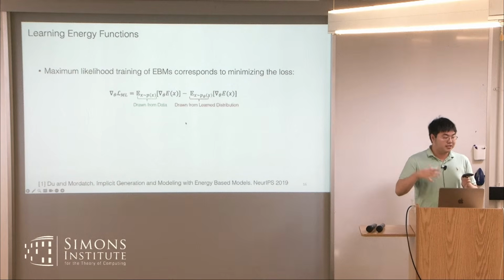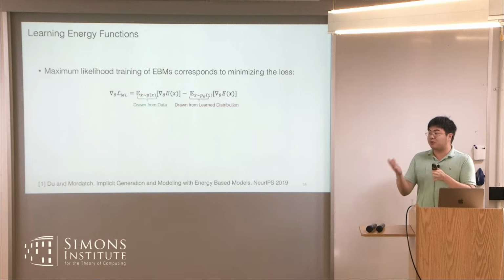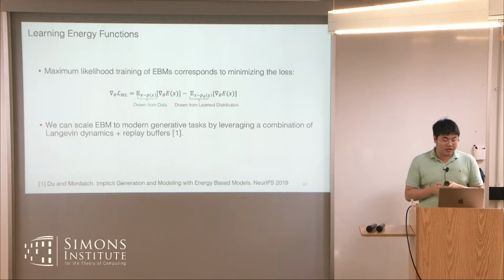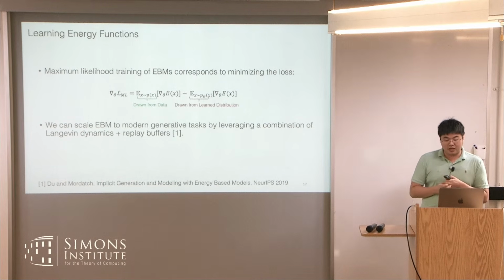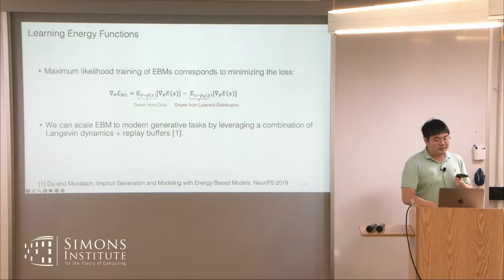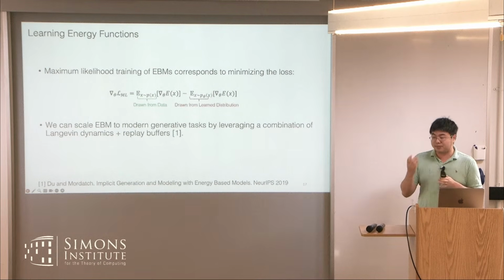So you have this contrastive procedure where you decrease the energy of real data while increasing the energy of samples from your distribution. And then we've been working on trying to scale these energy-based models to high-dimensional domains for a number of years. One approach that we found to be somewhat effective was to use some combination of Langevin dynamics and replay buffers.